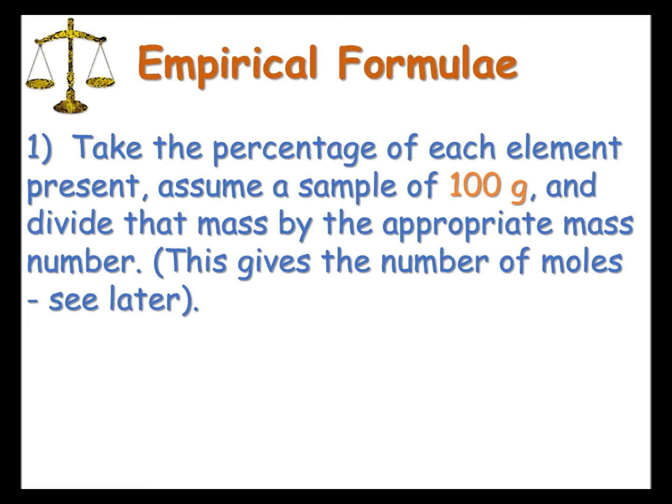So, for example, if we were given 20% element X, and 80% element Y by mass, we would then multiply these by 100, and we would see that this becomes 20 grams of X, and we would have 80 grams of Y. So that's the idea there.